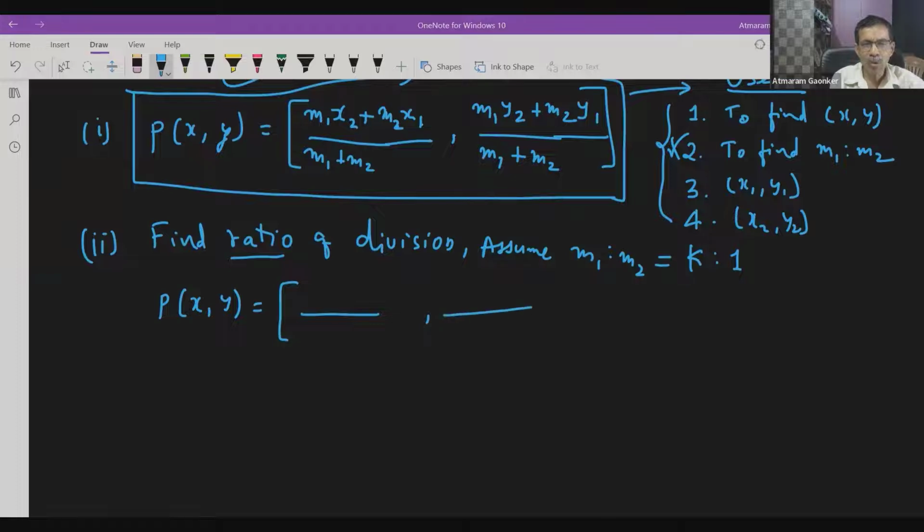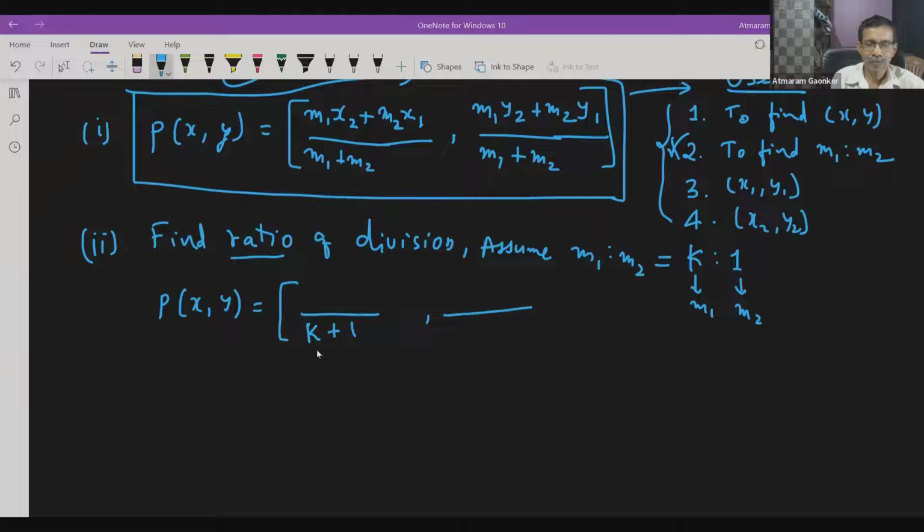Wherever there is m2, you put 1. So what will be there in the denominator? Instead of m1 plus m2, will it be k plus 1?